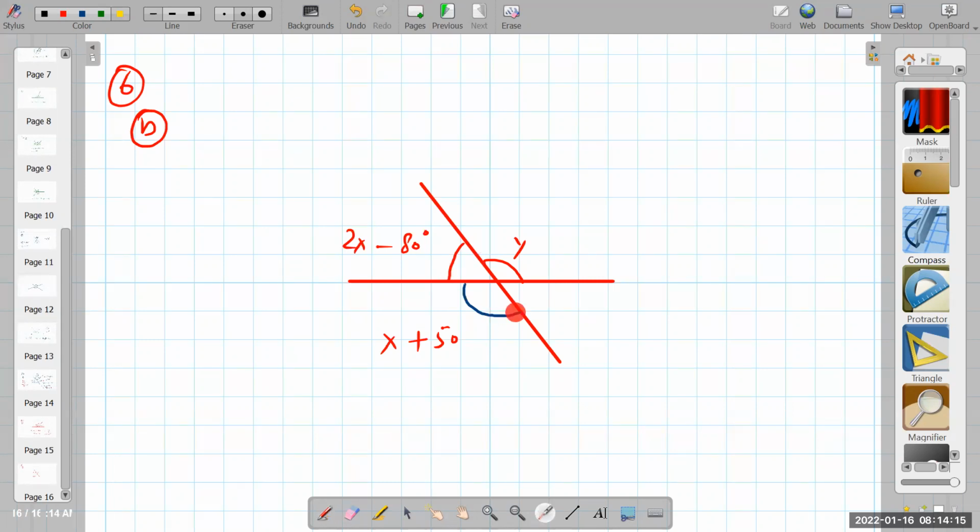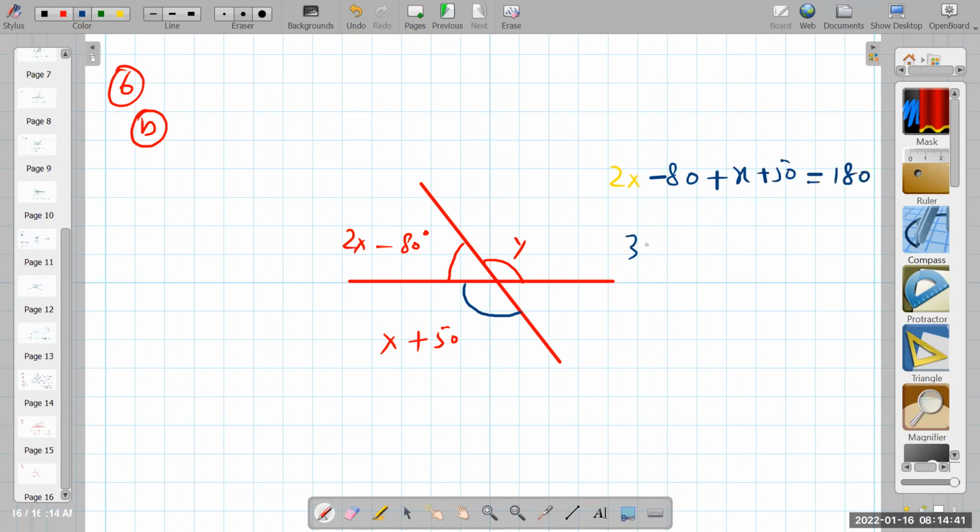The sum equals 180. So when we add this angle and this angle, the sum will be equal to 180. And we can find out the value of x easily with the help of this. 2x minus 80 plus x plus 50 equals 180.